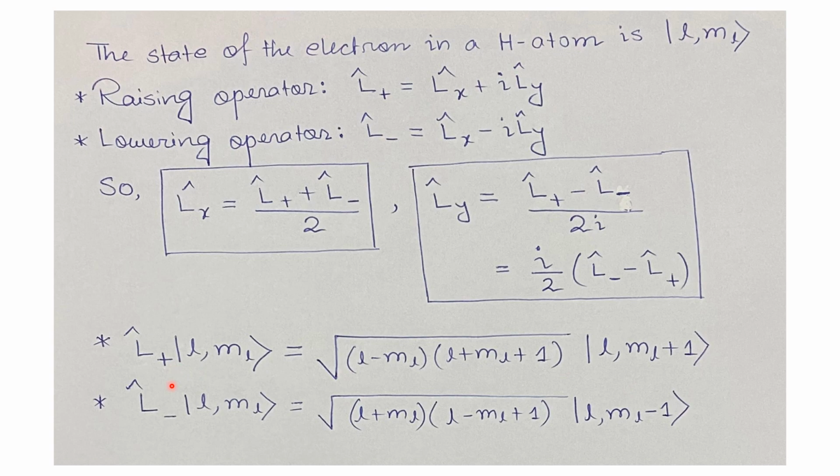That's why it is called the raising operator. And when the L minus cap operator acts on the state |l, ml>, it will give root over (l plus ml) times (l minus ml plus 1) times this state |l, ml minus 1>. So basically this operator L minus acting on the state |l, ml> is lowering the value of ml by 1. That is why it is known as the lowering operator.